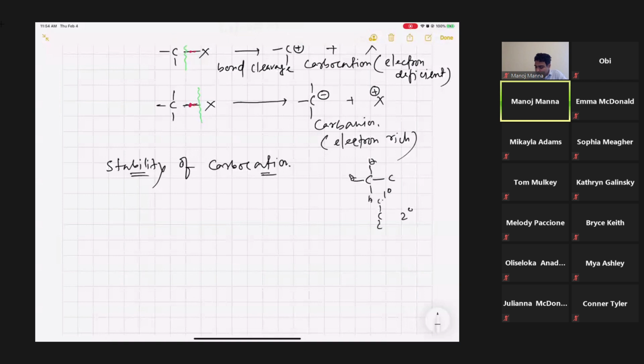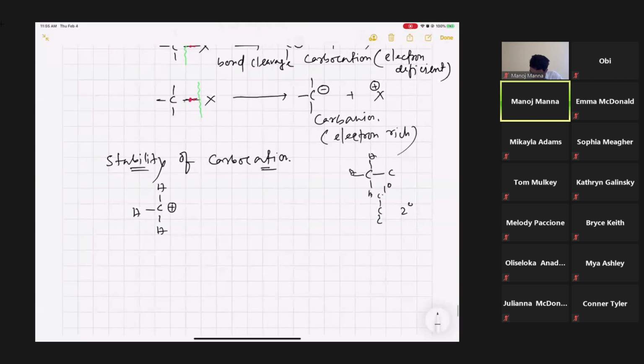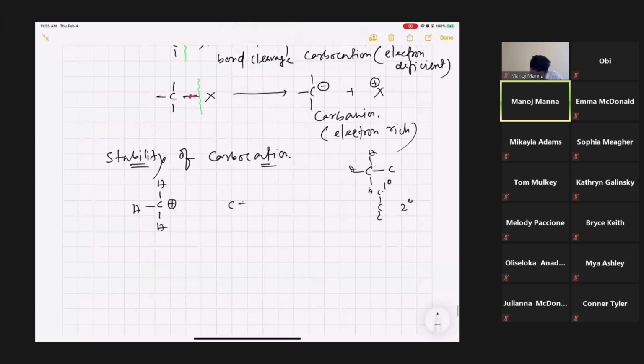But for the carbocation, let's say we have a carbon, hydrogen, and a positive charge over here. Next, you have a carbon with a positive charge, hydrogen, and here let's say CH3. Or you have a carbon with a positive charge, CH3, and hydrogen.